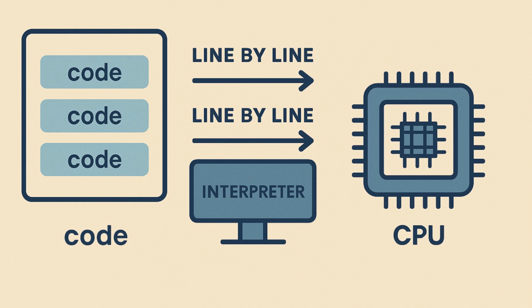In interpretation, code is translated line by line during execution. This is more flexible but typically slower. Languages like Python and JavaScript often use this approach, though modern implementations use techniques like just-in-time compilation to improve performance.